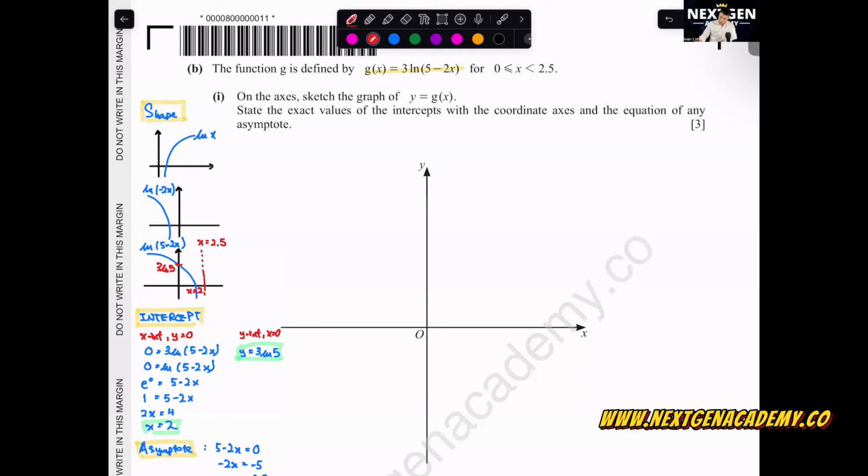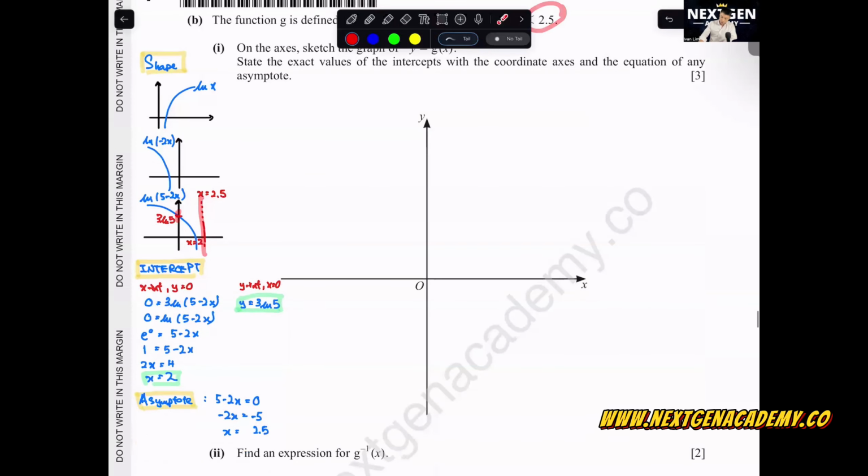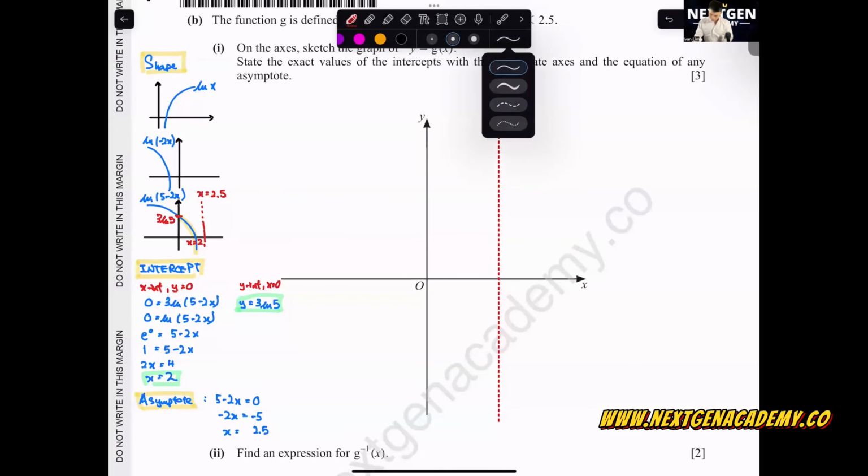What else do they want us to do? You look at the domain here. They only want from 0 up to less than 2.5. 2.5 is the asymptote, which means we are only going to sketch this small section of the graph. So let's draw the asymptote first. Let's say here is 2.5, x equals to 2.5.